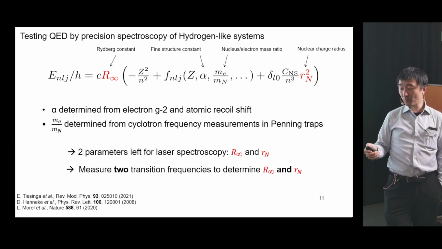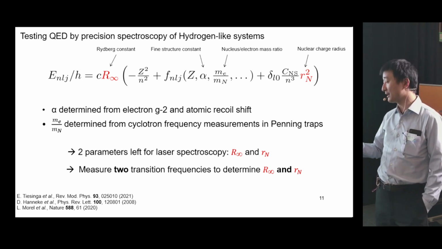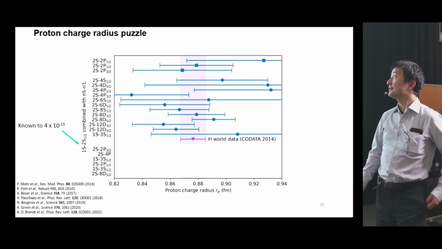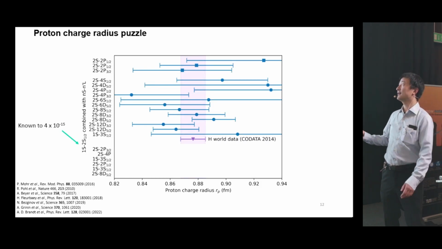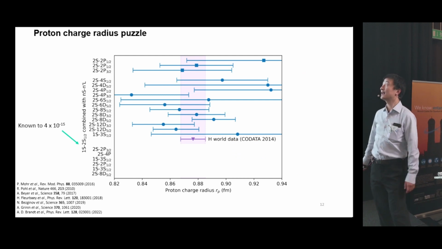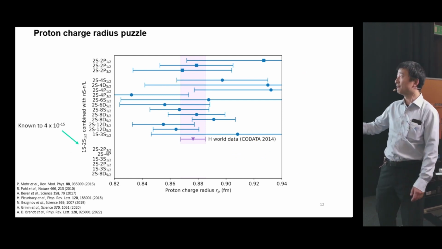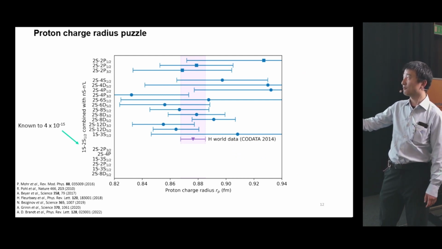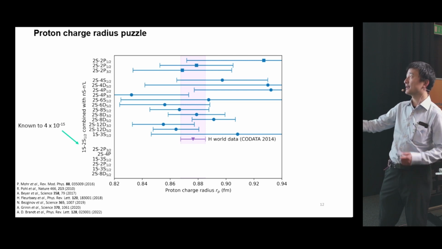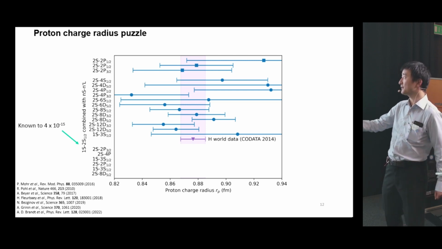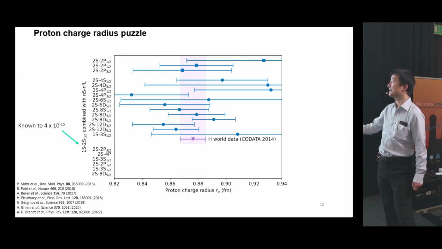This is one way to test quantum electrodynamics, and this has been done in detail for atomic hydrogen. You combine the 1S-2S measurement, that's the most precisely measured transition, with some other measurement on atomic hydrogen. You can solve that set of equations and derive the proton charge radius.